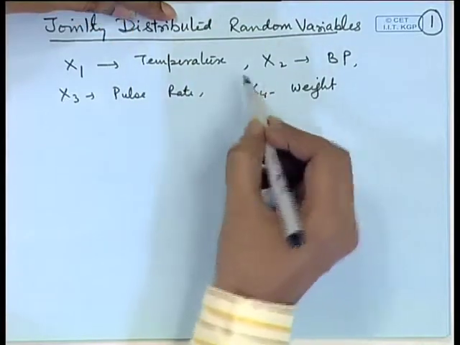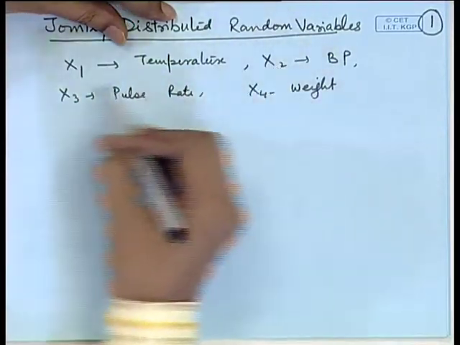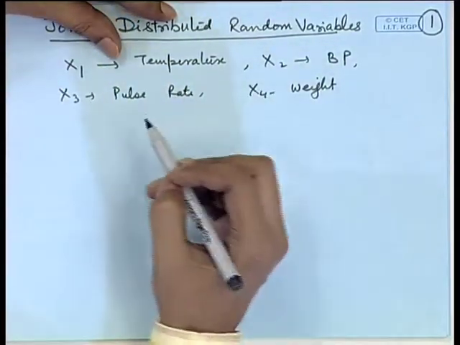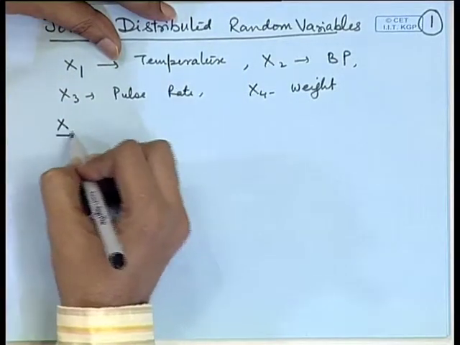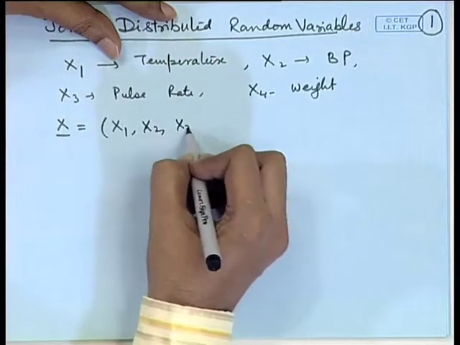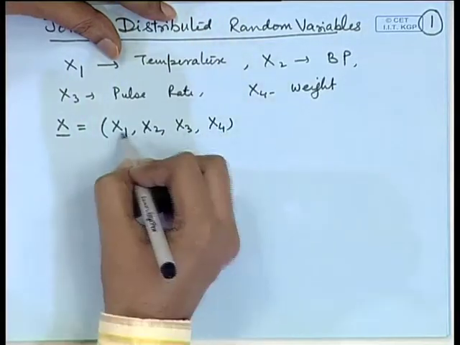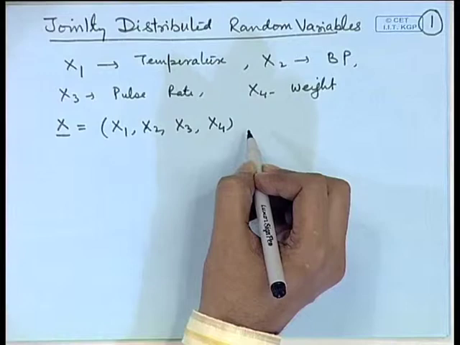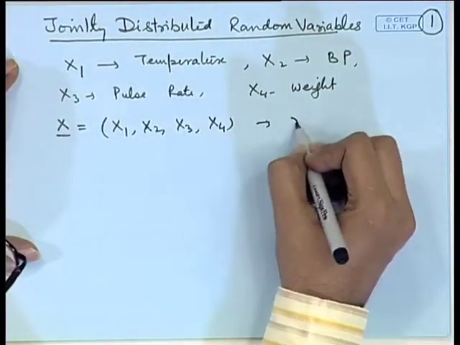So, for different patients 4 quantities x 1, x 2, x 3, x 4 are recorded. So, here this constitutes a random vector or jointly distributed random variables x 1, x 2, x 3, x 4. So, x is called a random vector.